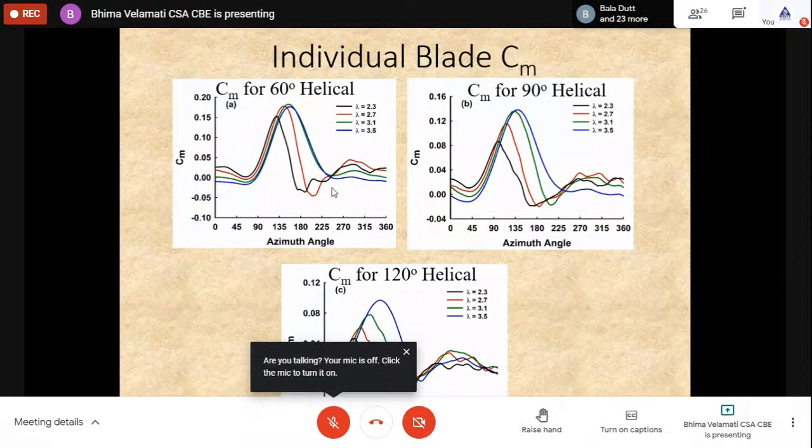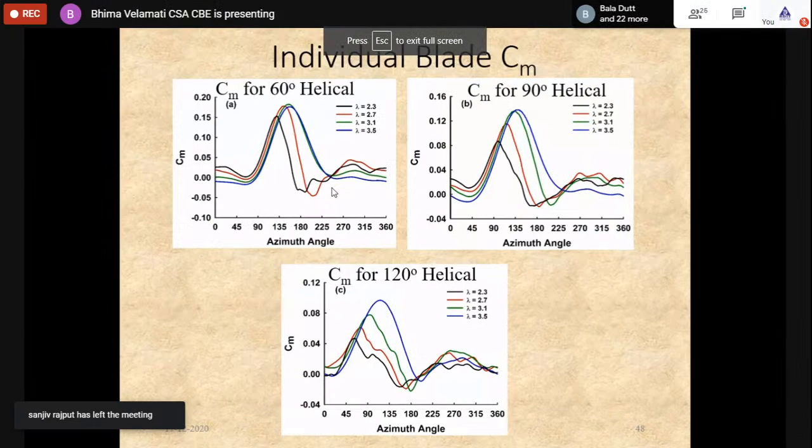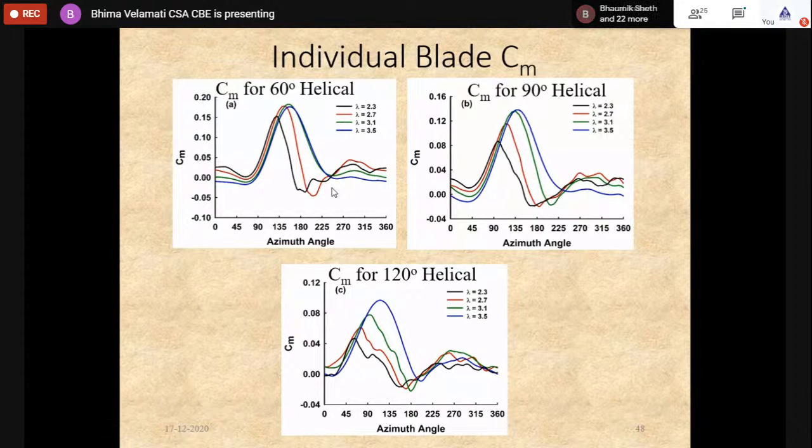Let us look at individual blade CP. Obviously you have 3 blades. One blade, if you take, the azimuthal angle is theta. So what I've plotted here is the CM, the non-dimensional torque, with respect to rotation.